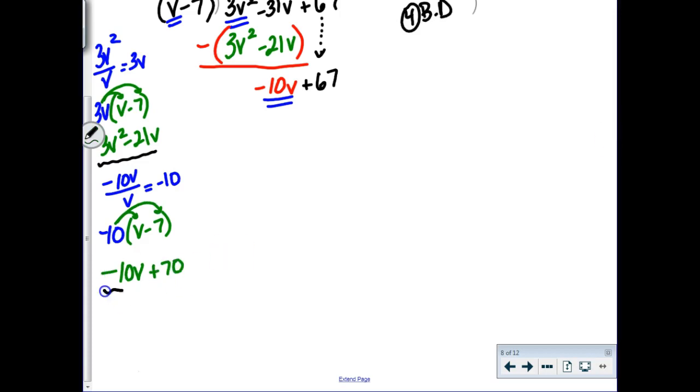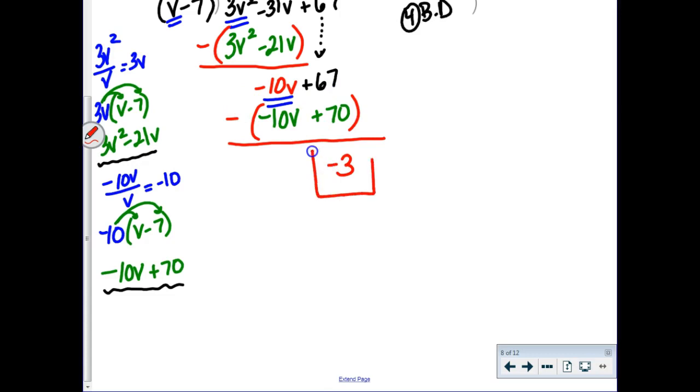So what we just wrote down goes up here in your work. And then if you have a color, I think this is a great time to use it, you're going to subtract all that. Negative 10 minus 10 cancels. 67 minus 70 is negative 3. So this last number here, this is the remainder.